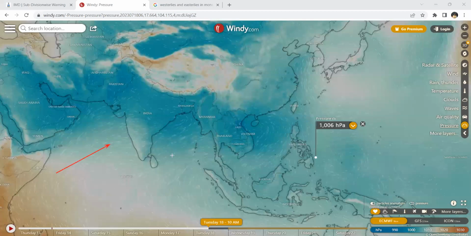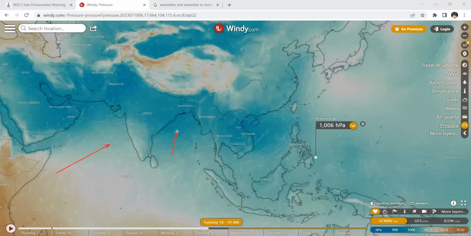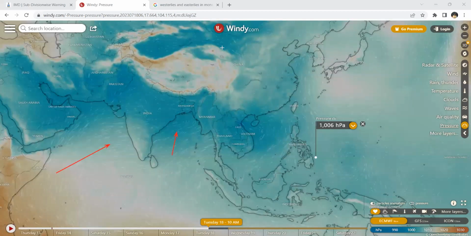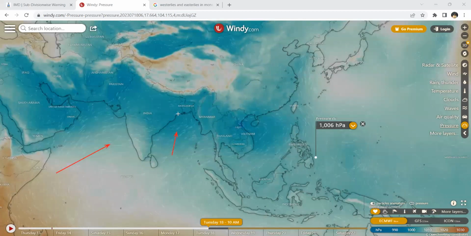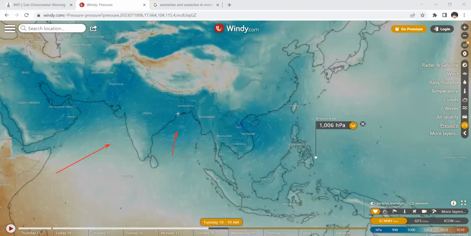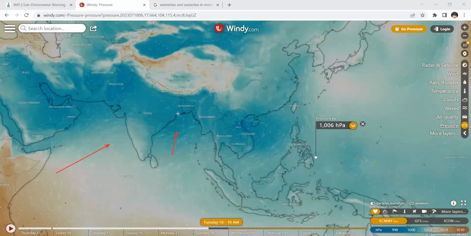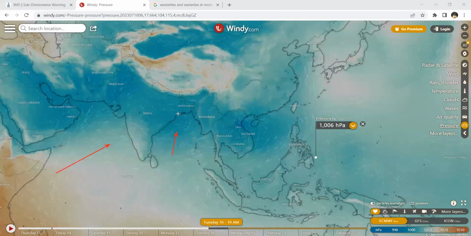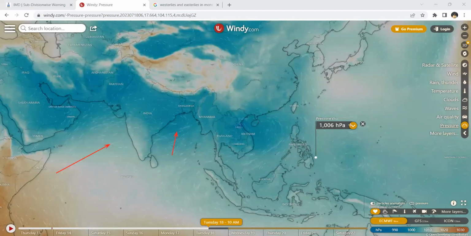And because of this low pressure region, there are huge chances of cyclonic disturbance in and around Odisha as well as coastal Andhra Pradesh. That means Visakhapatnam as well as Bhubaneswar will be raining heavily, and also the coastal regions of these states.